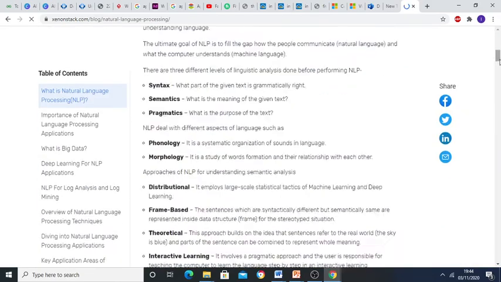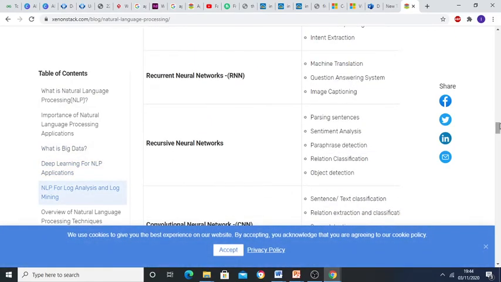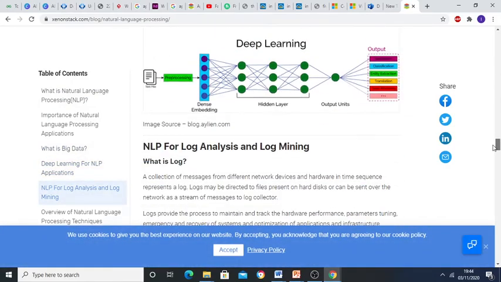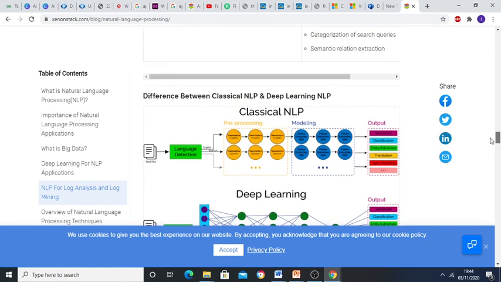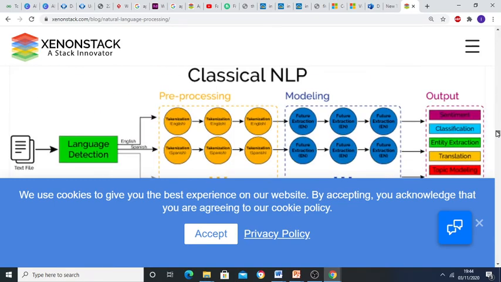That's it. It's a beautiful picture. Look at that diagram. Basically, this is NLP architecture.